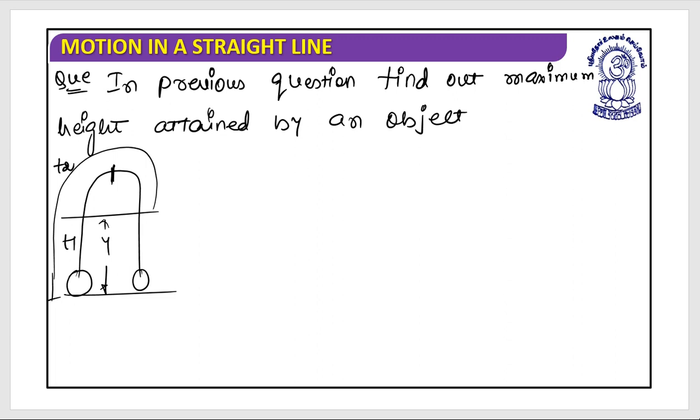How can I do this? If you remember, I have a relation which is h max is equal to u square by 2g, and for this application my u should be equal to g by 2 multiplied by t1 plus t2.